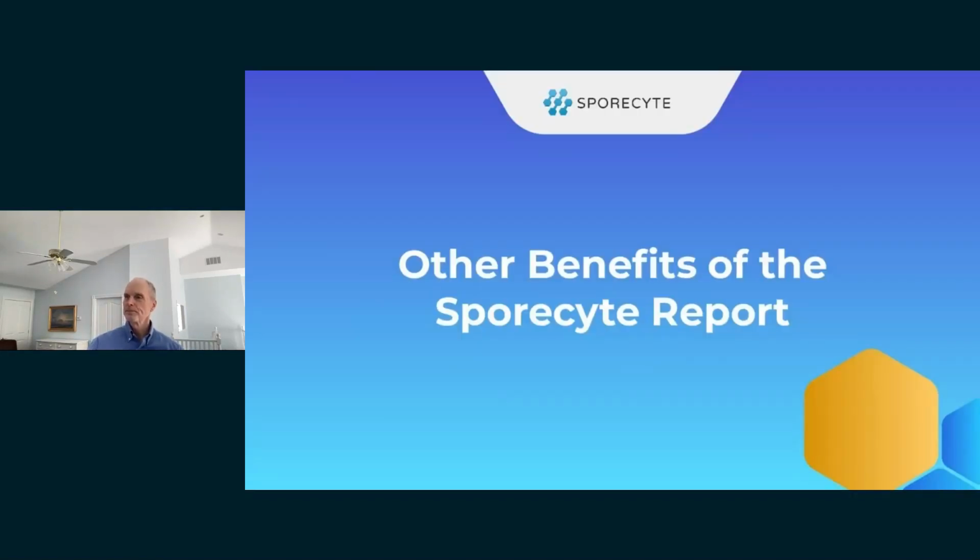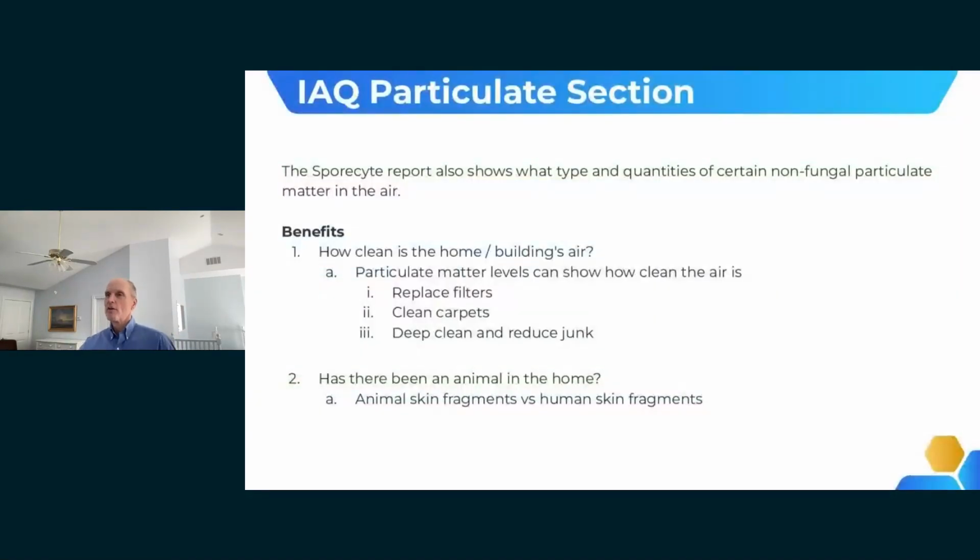Okay, what are some other benefits specific to the Sporecyte report? One thing that we do have on our images pages, and I've got some pictures of this in a minute, you can get a visual idea of how clean that building air is.